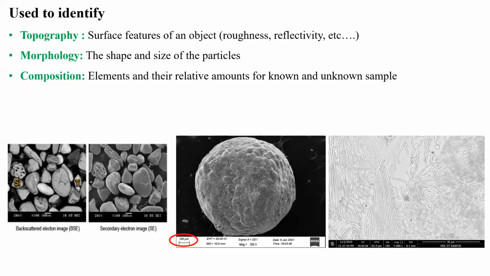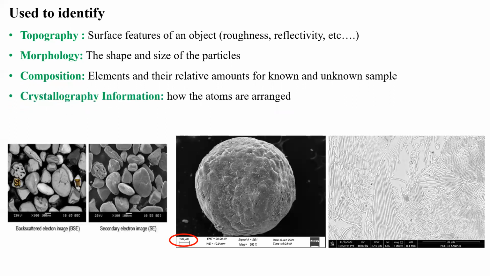If you want to measure what different elements are present over the surface of the sample, we can also measure that. If we have any new sample and want to go for analysis directly, you can go for scanning electron microscopy to know what elements are present in that sample.